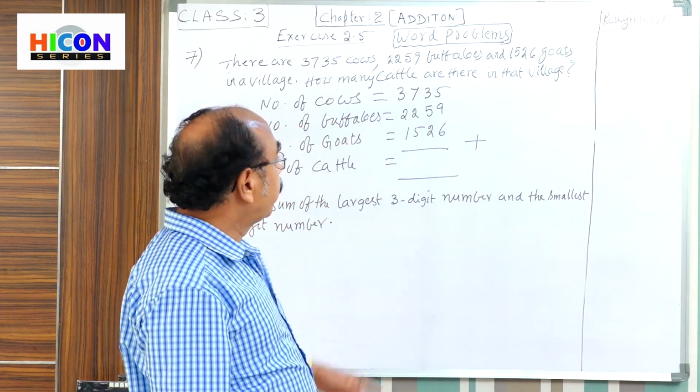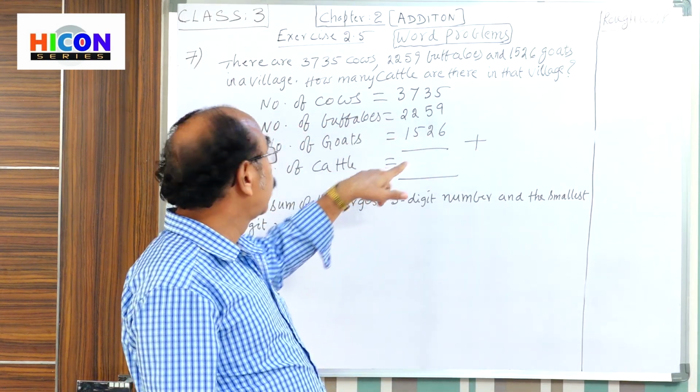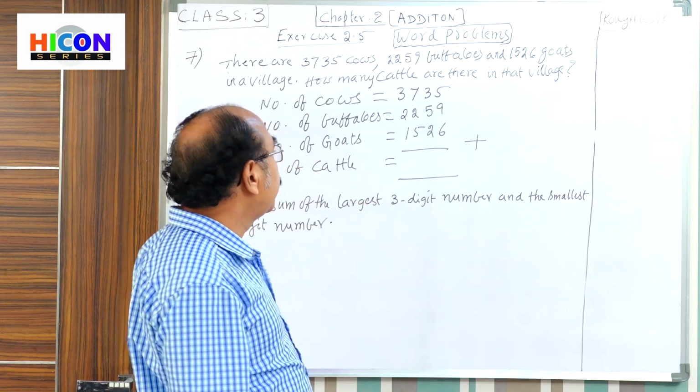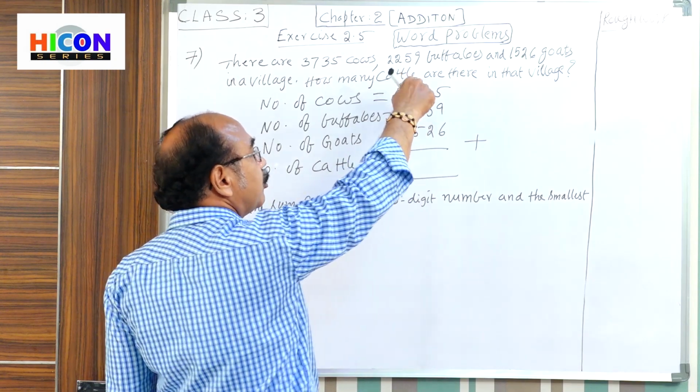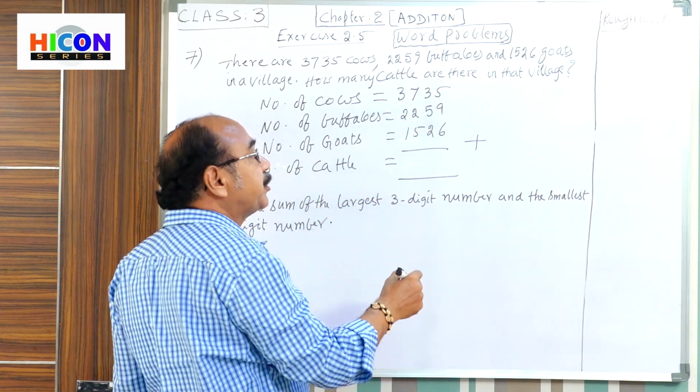Just by combining all the three numbers, we can get the total number of cattle in the village. So, by adding the three numbers, do addition now.